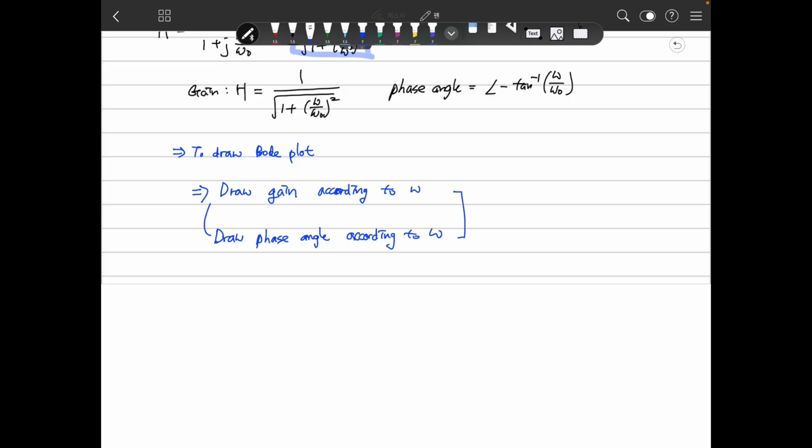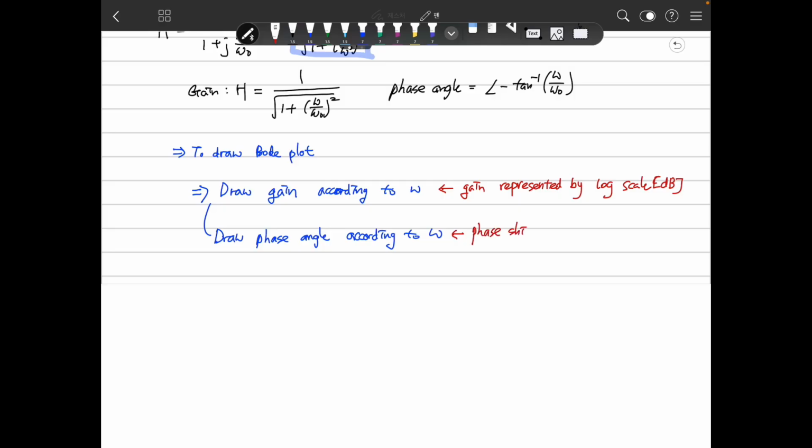This is a Bode plot, but you need to know that the gain is represented by log scale. That means dB. Don't forget it.